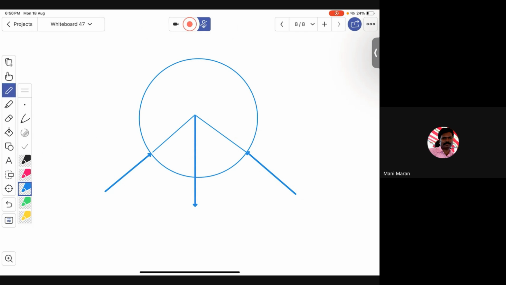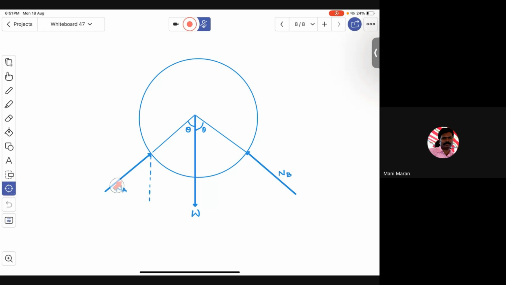This is how W acts. This is our Na, and this is our NB. And this angle is theta, and this angle is also theta, which is given to us as 60 degrees. So you can tell how much this angle will be.